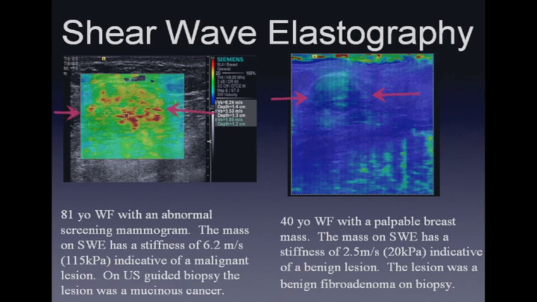On the image on the left, we can see that the maximum velocity of the tumor is 6.2 meters per second. And in our lab, we like to use 4.5 meters per second as the cutoff between benign and malignant. The image on the right is a benign fibroadenoma, and you can see that it color codes blue, which is very low velocities, and in this case it has a velocity of 2.5 meters per second, and again consistent with a benign lesion.